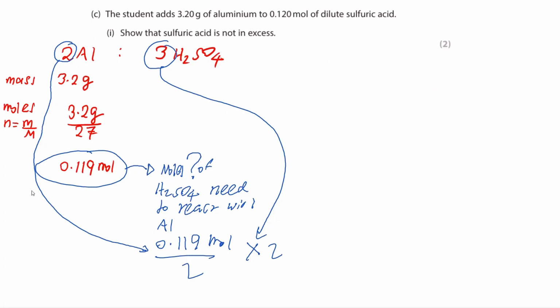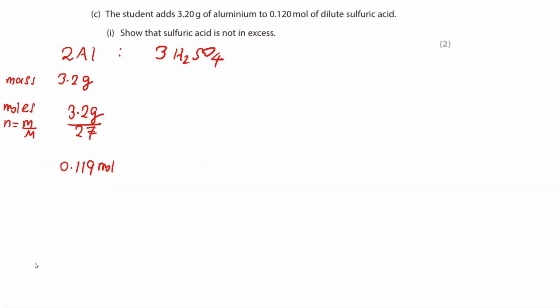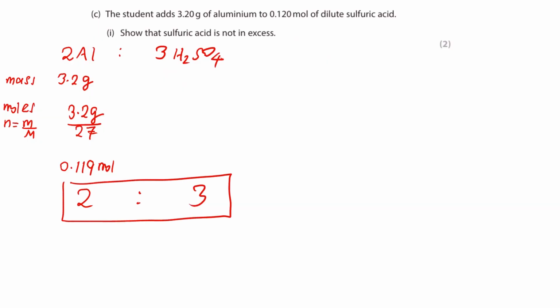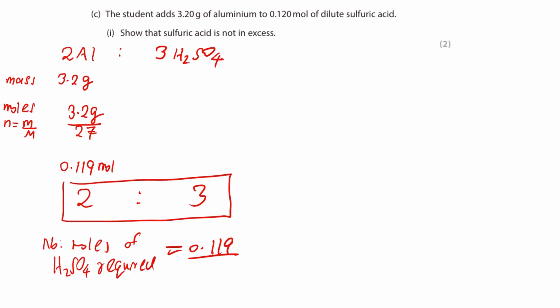Let's do that calculation. We know that their reacting ratio is 2:3. Therefore the number of moles of H2SO4 required equals 0.119 divided by 2, the molar ratio of aluminium, multiplied by 3, the molar ratio of sulfuric acid. Our answer is 0.179 moles.